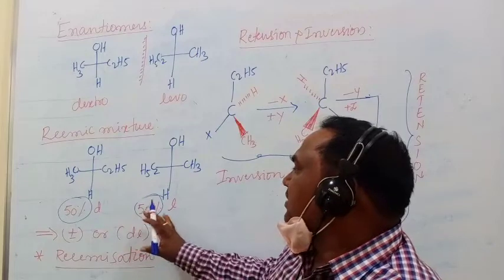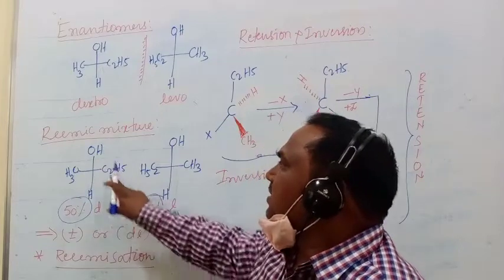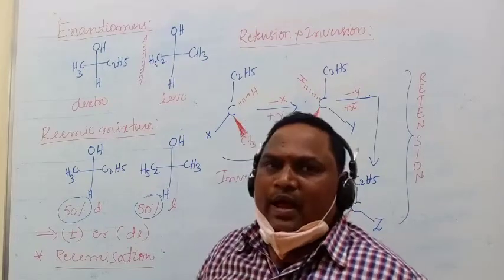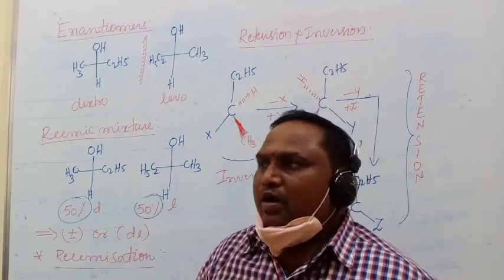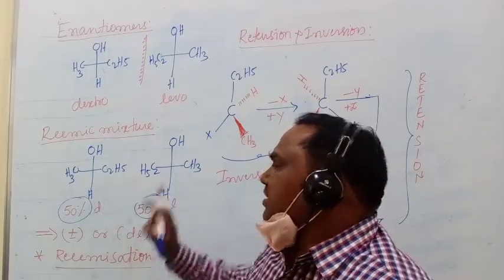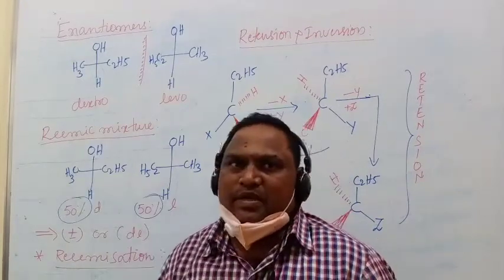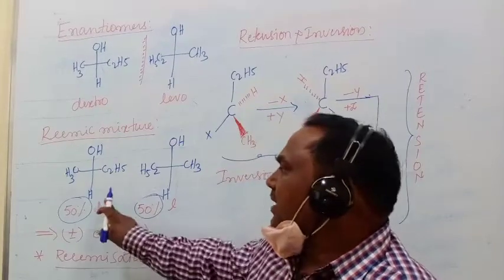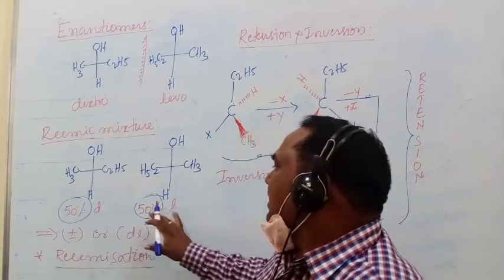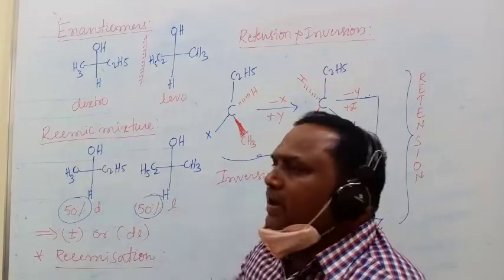Here 50% of L isomer, here 50% of D isomer. This mixture is called racemic mixture. For example, in these two isomers, D isomer is 50% and L isomer is also 50%. That's why this mixture is called racemic mixture.